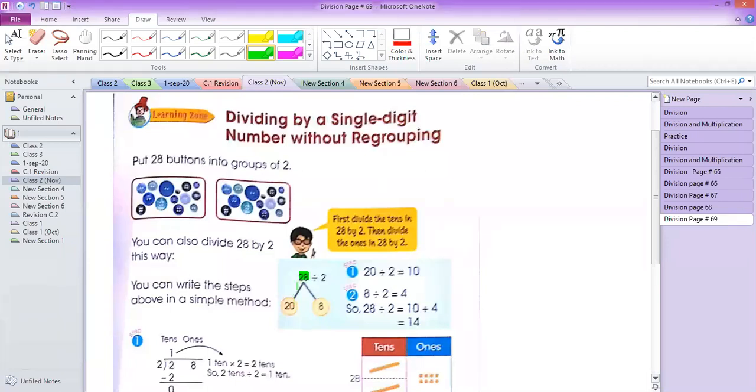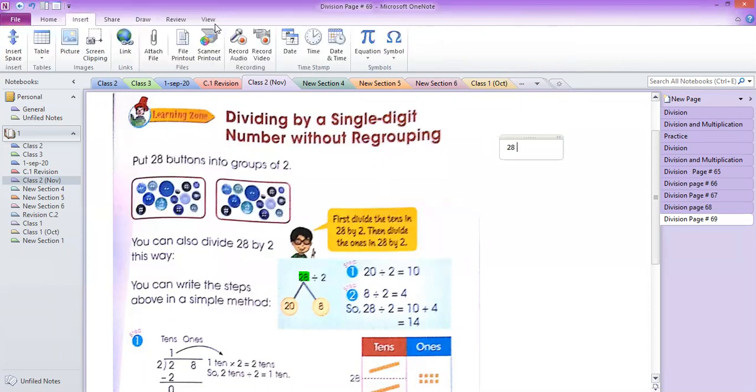So if you break this number into 20 and 8 and you divide 20 by 2 and 8 by 2, you can also get the answer. How? I show you here. This was the question: 28 divided by 2, guys.